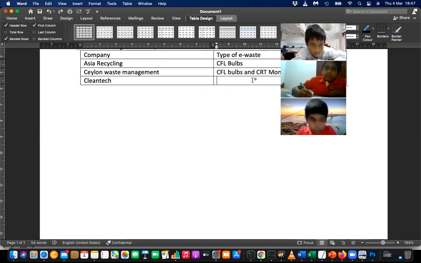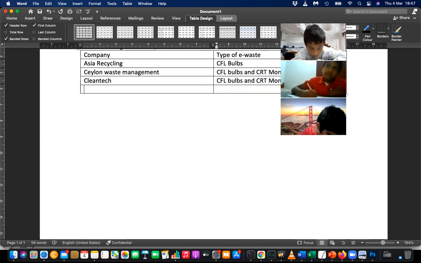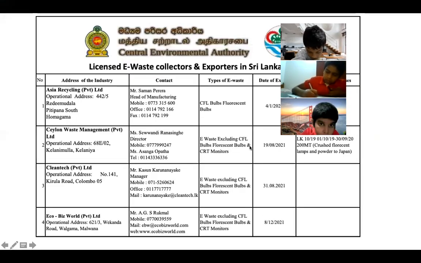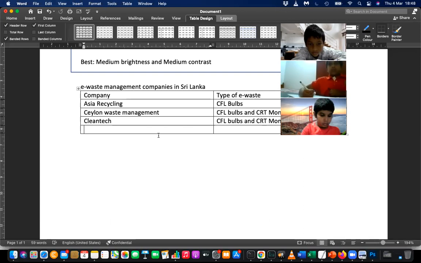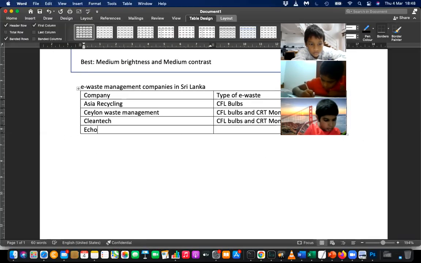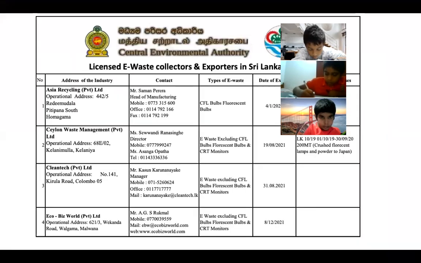That is Clean Tech. And the fourth one is Eco-based World.